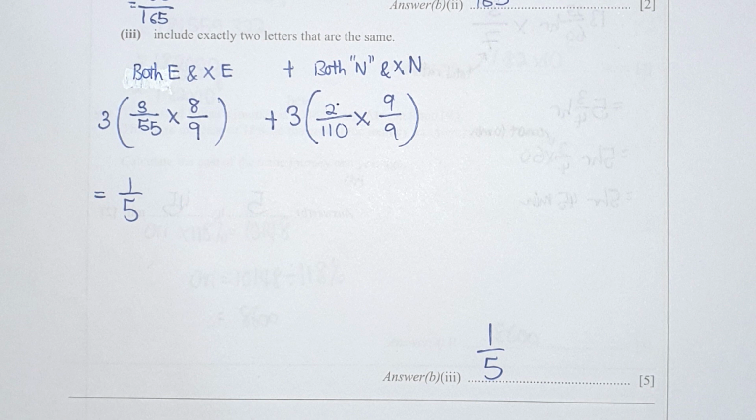Whereby for both N will be 2 over 110 times 9 over 9. So because of the arrangement issue, you will have 3 possible arrangements, hence the 3 I've written down over there. So the final answer, 1 over 5.